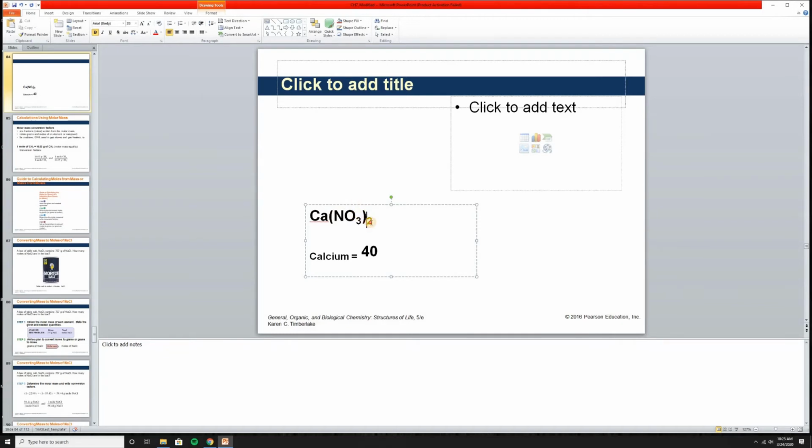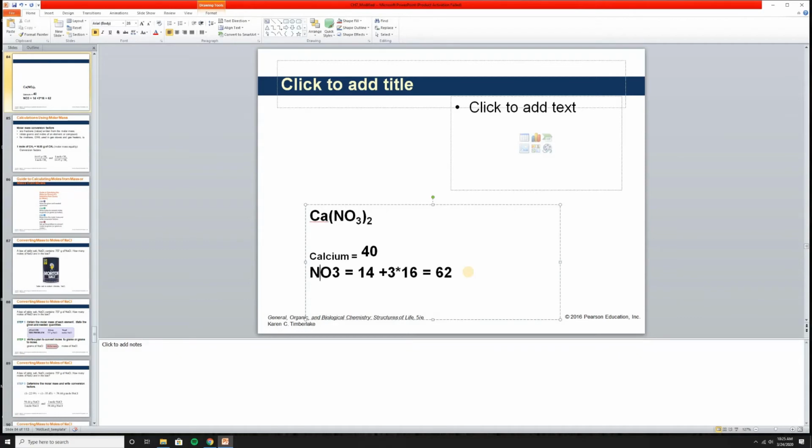So I would say just multiply, take NO3, multiply it by 2. So NO3 is going to equal 14 plus 3 times 16. And that's going to equal 48 plus 14, 62. So 62 times 2, because we're multiplying it by 2.